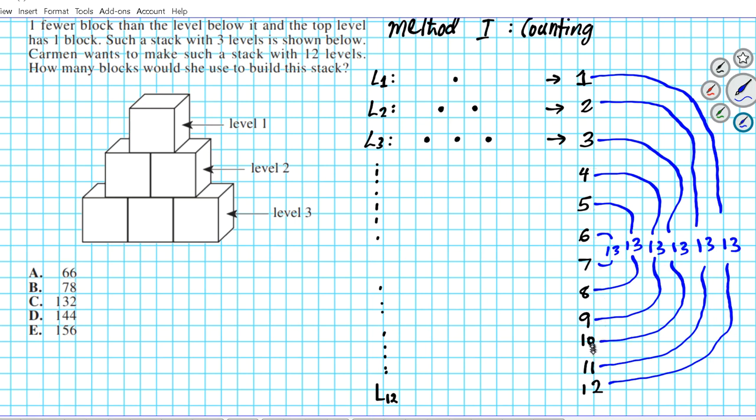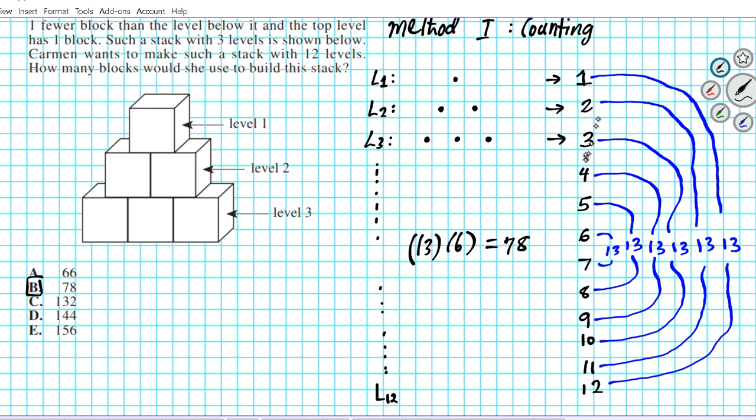There were 12 numbers and we divided them into pairs, and each pair adds up to 13. We're going to have 6 pairs times 13, so we just compute 13 times 6. 13 times 6 is 60 plus 18, which is 78. And that's the answer, option letter B.